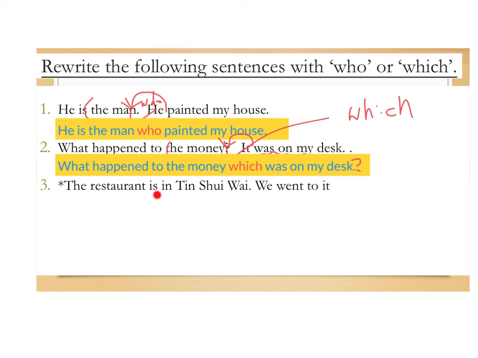Number 3. The restaurant is in 天水圍. We went to eat. Okay, this part, we went to eat. Actually, we are giving more information about the restaurant. So, I will put this part behind the restaurant. And then I will add the word which. And then at the same time, I will delete it. Okay?